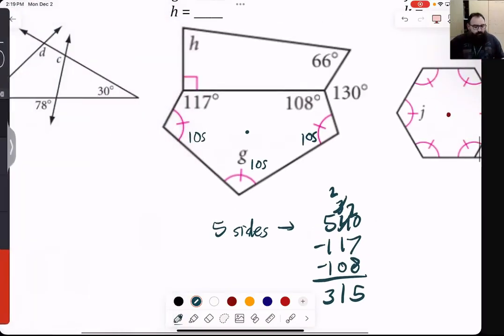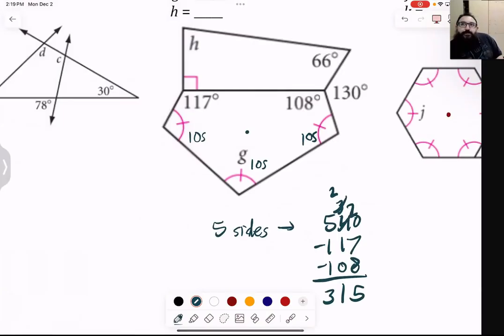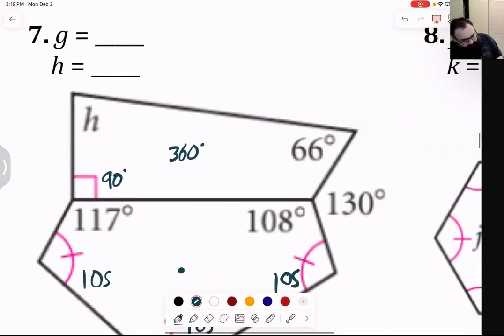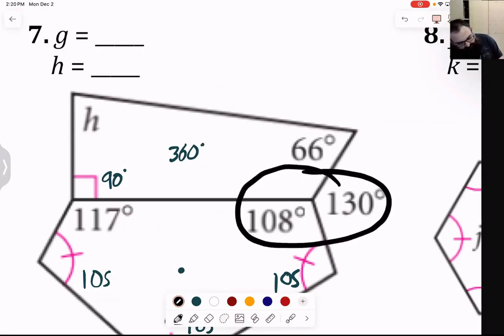Now here's the tricky part. How do I get H? I know this is 90. I know the whole thing will be 360. The one thing I don't know is right there. And this is the part that I think makes this question tricky. I'm going to draw something for you, and you may be like, oh, Mr. Reyes, how was I supposed to know that? That's a circle.